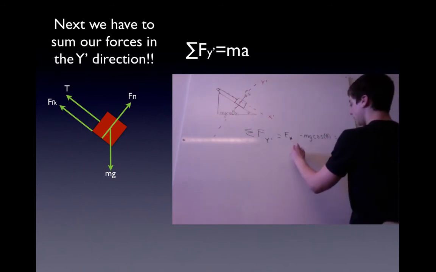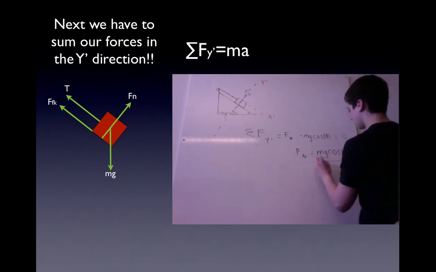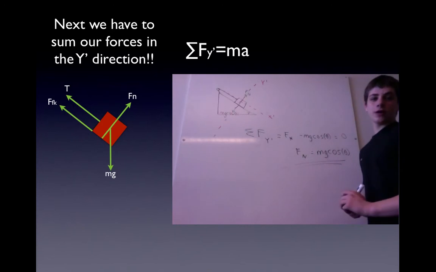Therefore, Fn equals mg cosine theta, which will come in handy later.